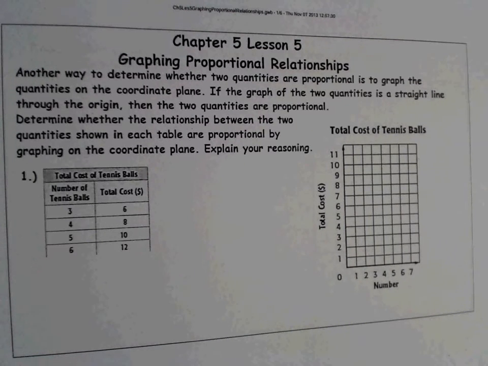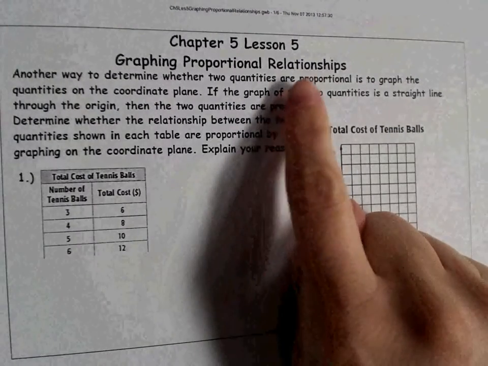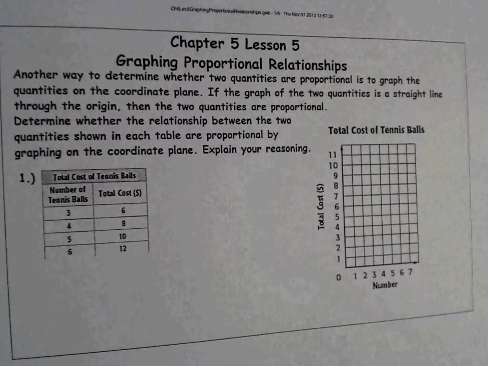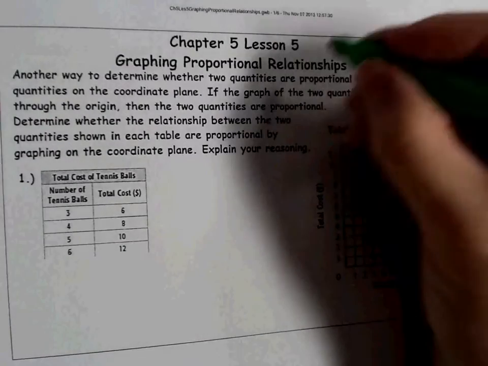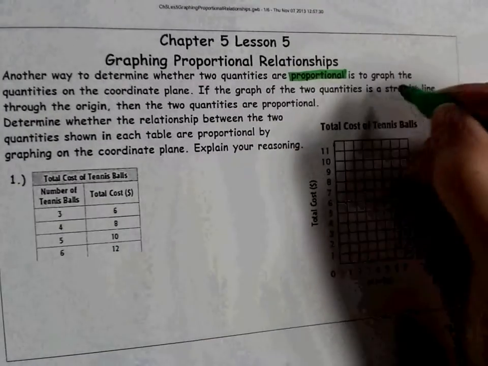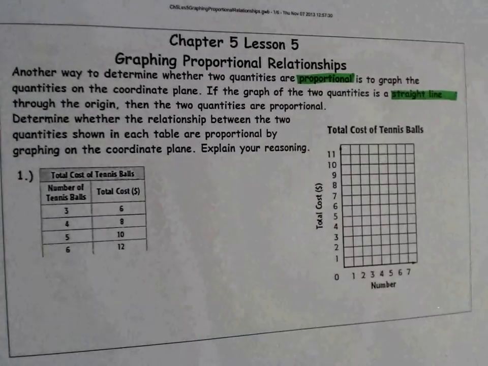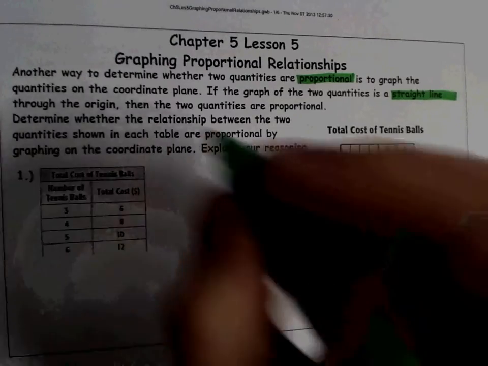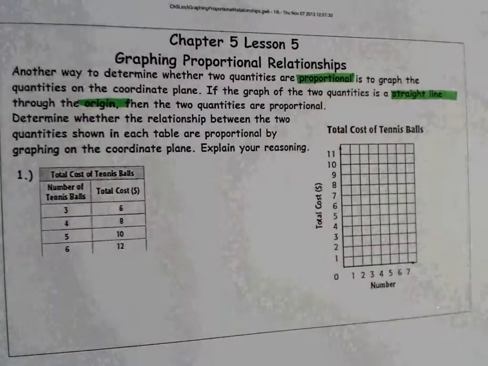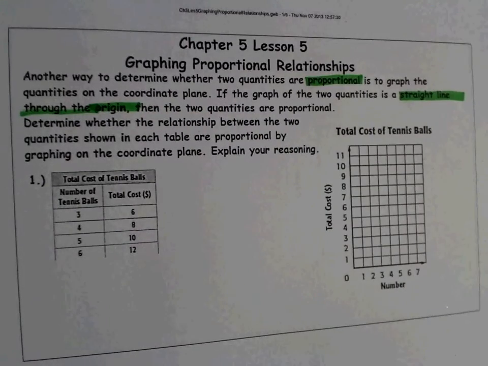If we graph a set of table information, we can identify that it's proportional based off of two important rules. In order for it to be proportional, it's going to have to be a straight line that we graph, and it has to go through the origin. Straight line, and it has to go through the origin.